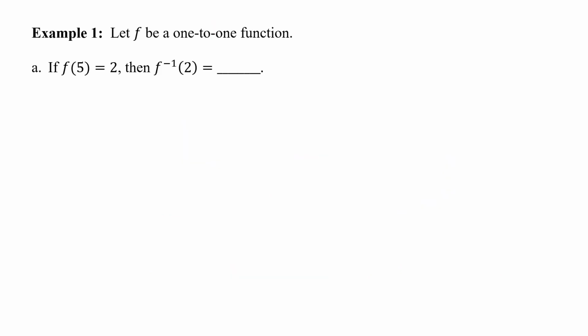So let us apply the inverse function in this example. Let f be a one-to-one function. For the first question, if f of 5 is equal to 2, then what is f inverse of 2? To illustrate f of 5 equal to 2, let's have this set notation.